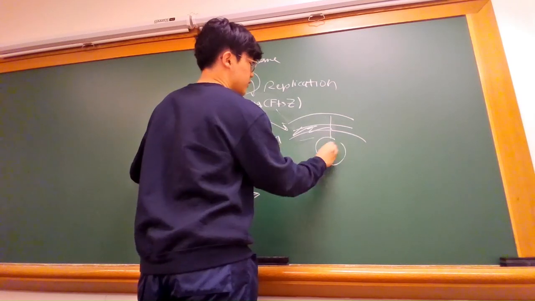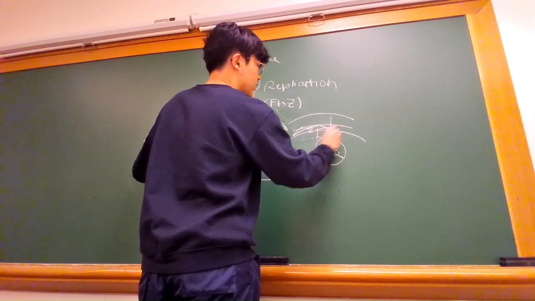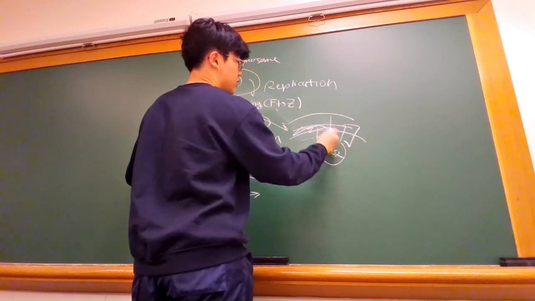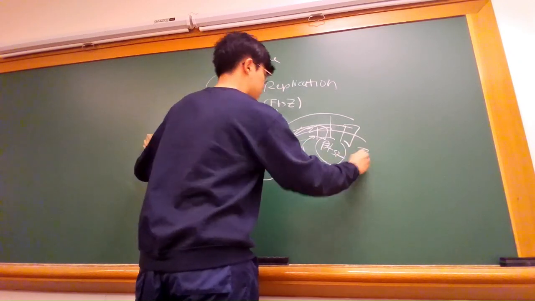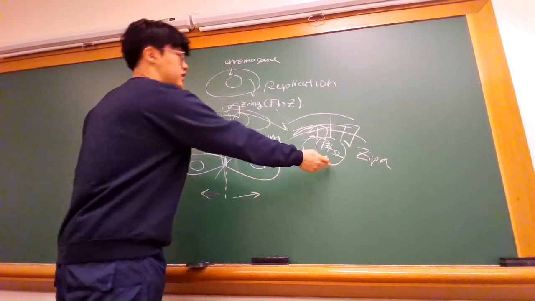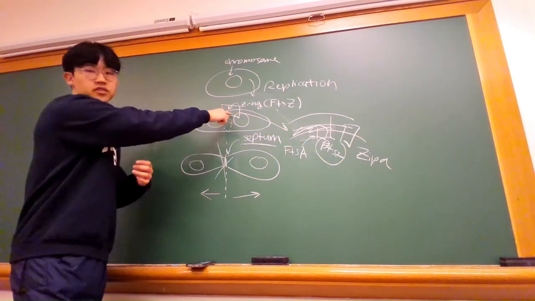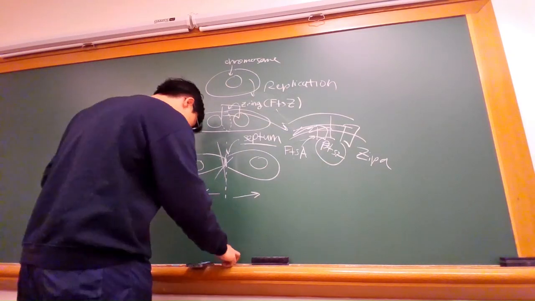So let's say you have this FtsZ, and it's anchored into the cell surface by FtsA and then ZipA. These are just two proteins that basically anchor this Z ring into the cell surface so that the division can properly occur.